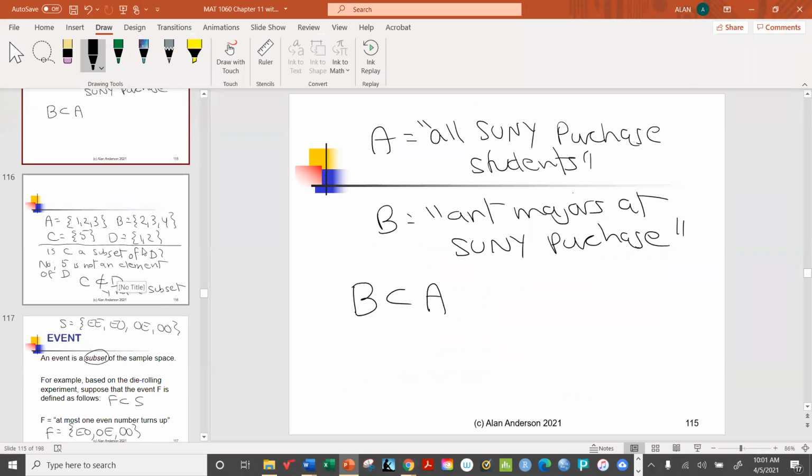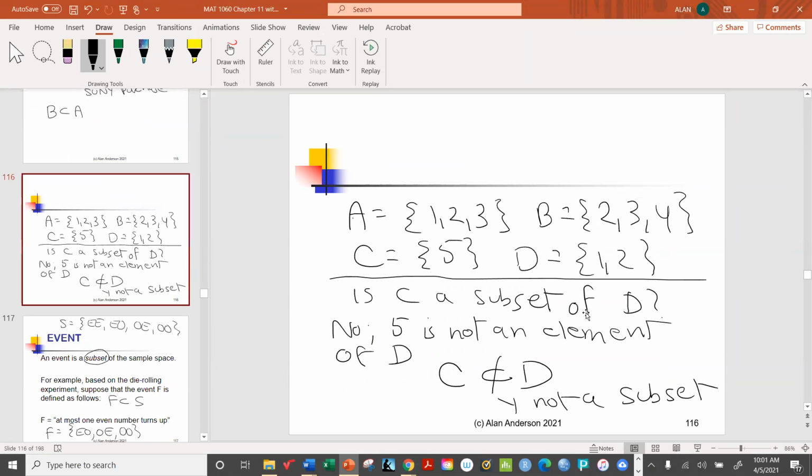And then finally, let me show you the opposite of subset. Suppose I have two sets like C and D. C contains 5, D contains 1 and 2. Clearly, 5 is not an element of 1 and 2. So here we simply say that C is not a subset of D, and we'll illustrate that with the subset symbol with a slash through it.